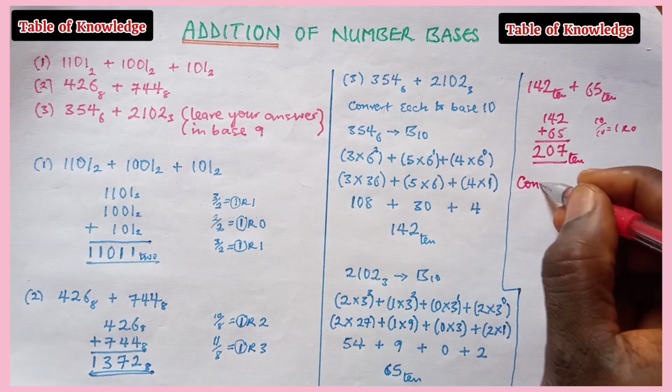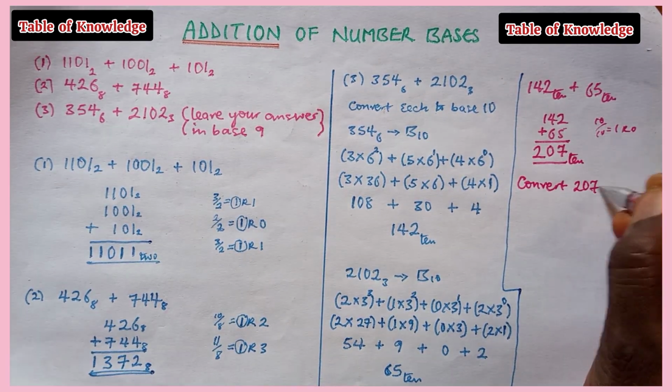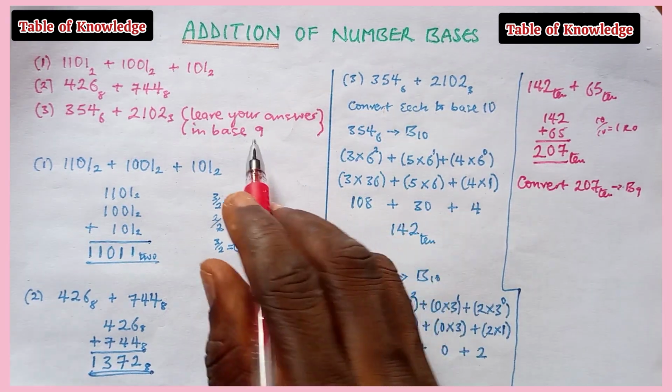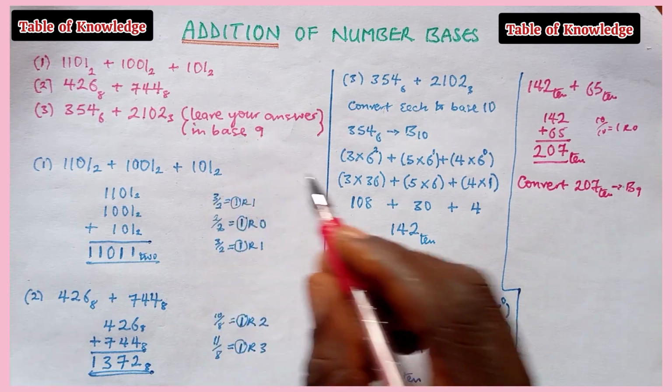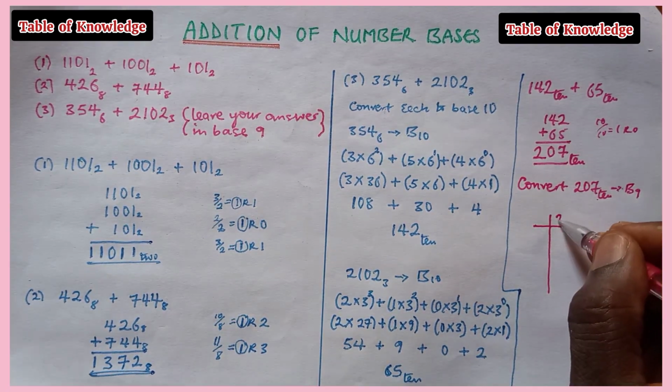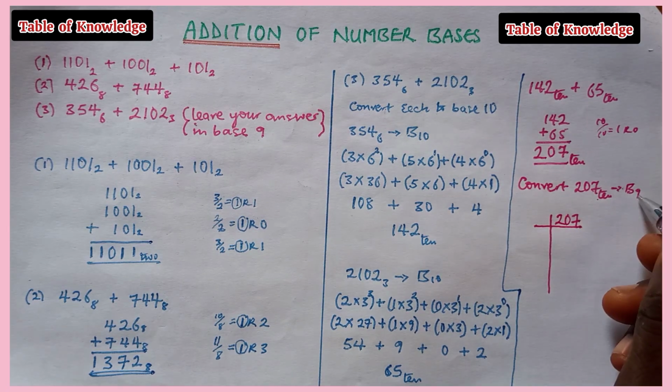So the next step is to convert 207 base 10 to base 9, because we have been asked to leave our answer in base 9. We draw the table in this format. 207 here, we are converting to base 9.